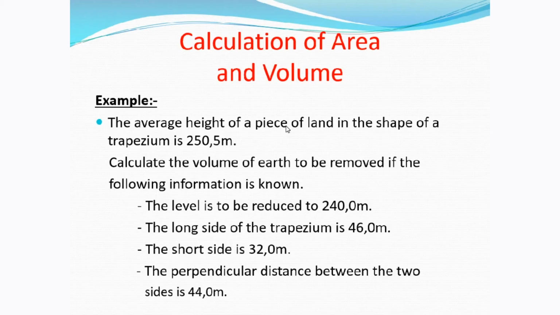The level is to be reduced to 240,0 meters. The long side of the trapezium is 46,0 meters and the short side is 32,0 meters, as well as the perpendicular distance between the 2 parallel sides is 44,0 meters.